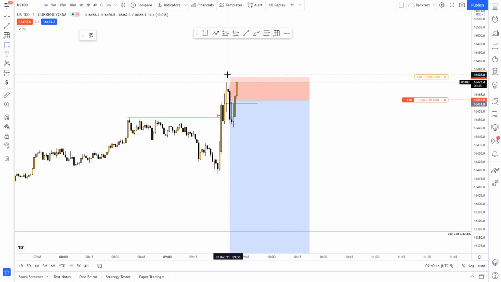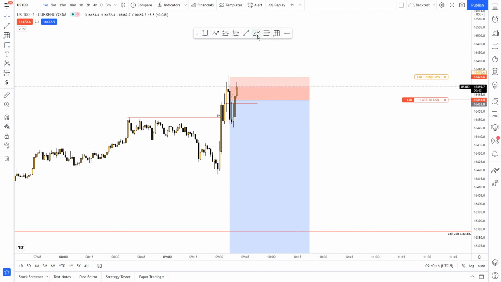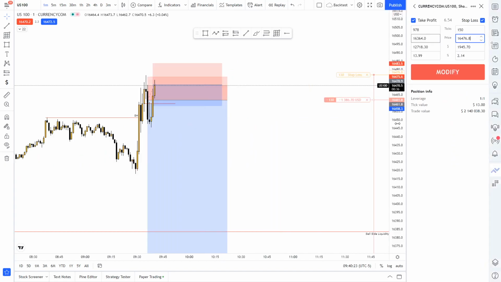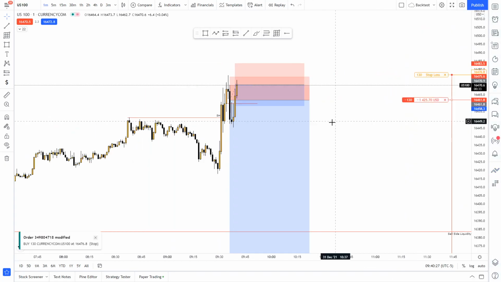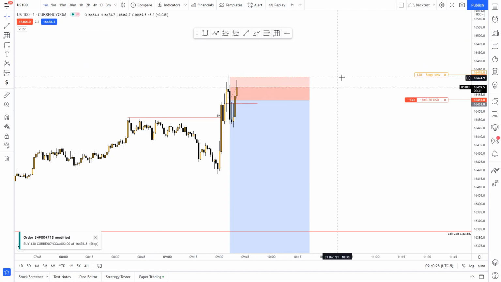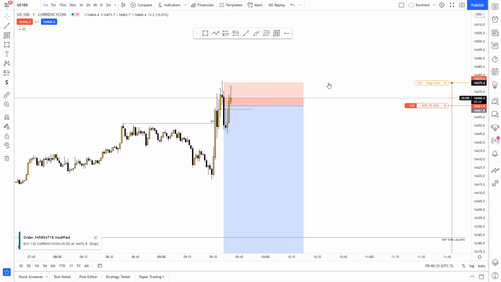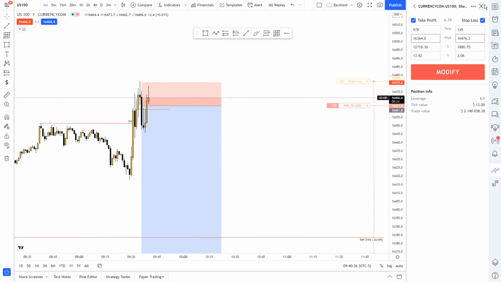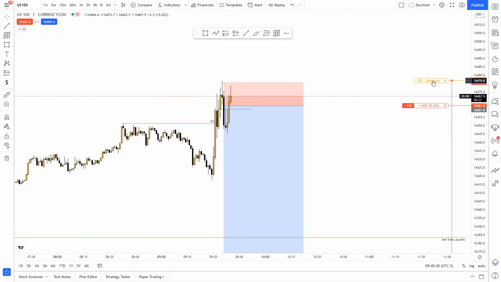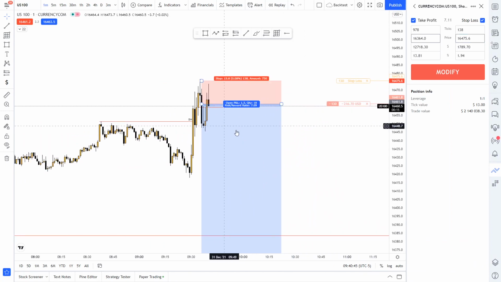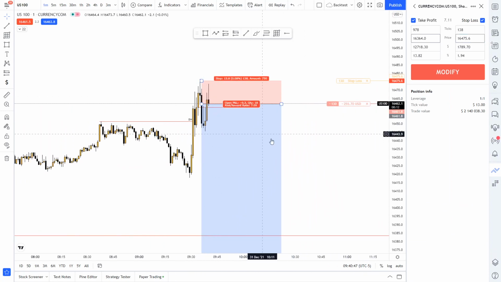So price has come into this volume imbalance, or it is coming to this imbalance right here. I'm going to move my stop loss a tiny bit higher for spread. Then I'll move it back once this candle closes. So what's this? 0.6. Okay, so yeah, now price should start moving down.